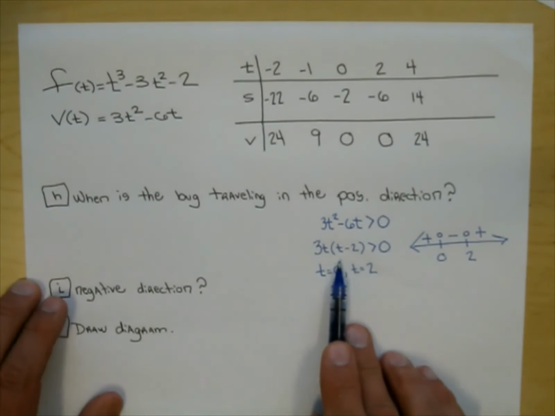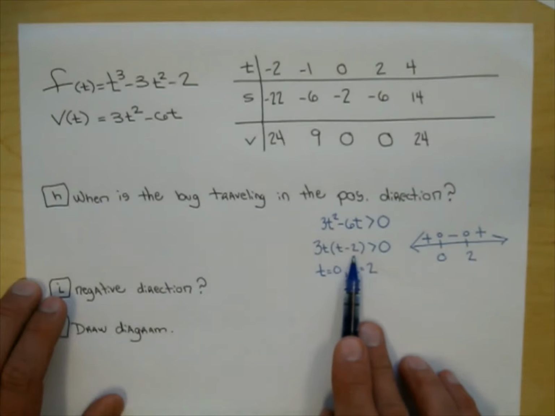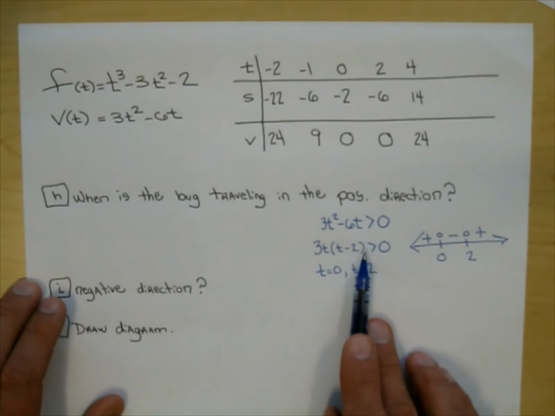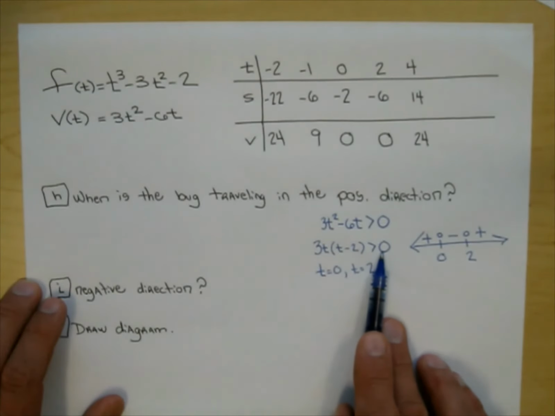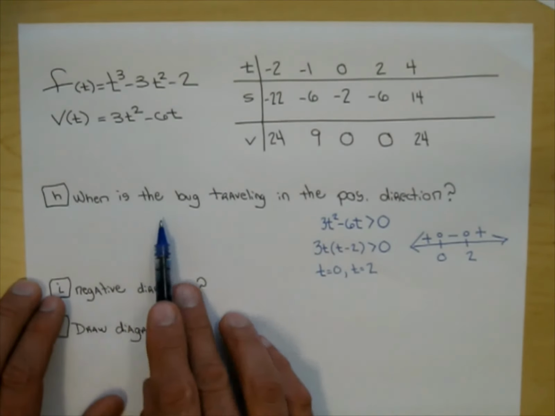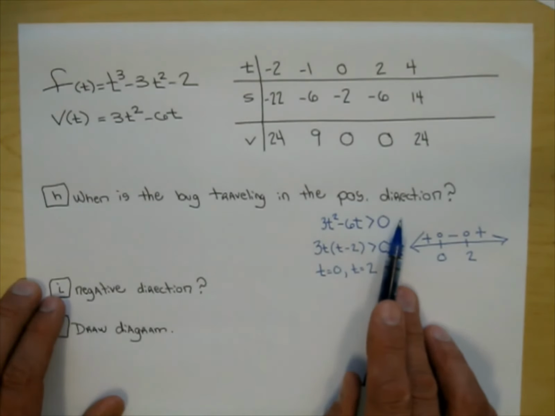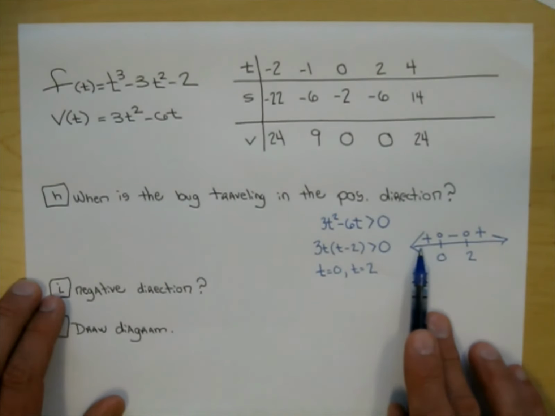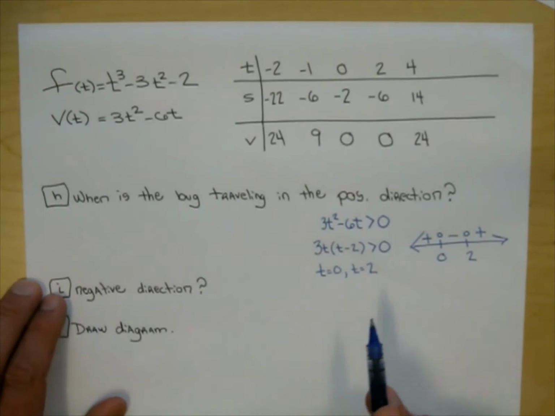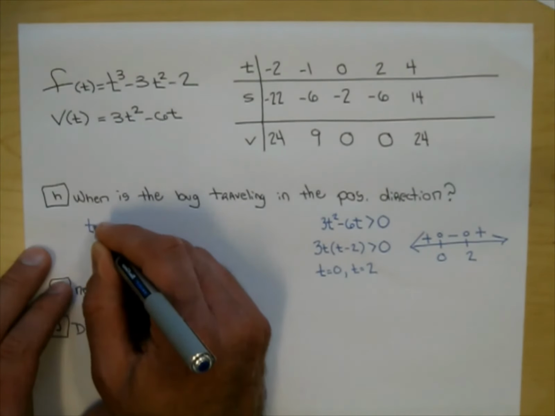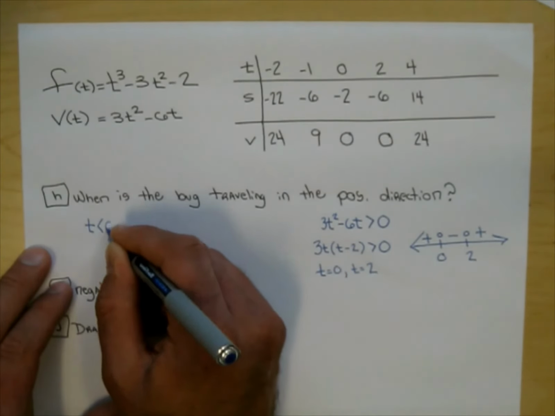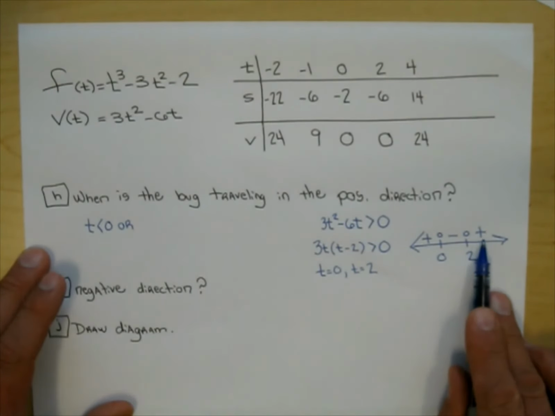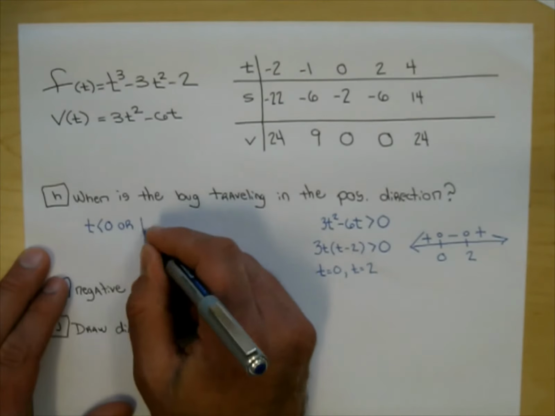So for this inequality, we're looking at when this function is greater than 0, or positive. When is the bug traveling in the positive direction? That would be where the pluses are, so when t is less than 0 or when t is greater than 2.